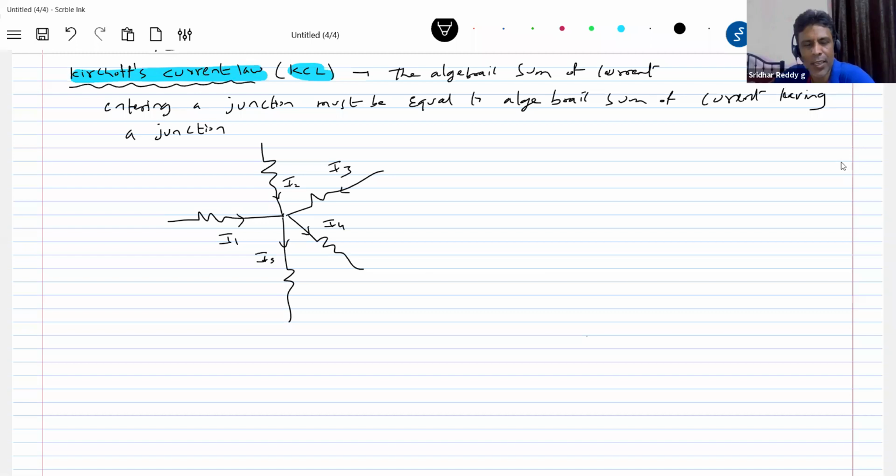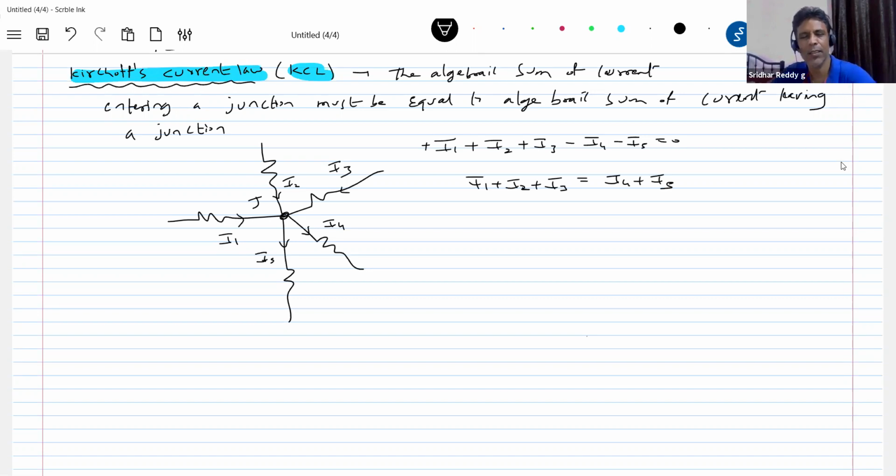Those which are entering, I'll take positive; those which are leaving, negative. That's the convention. There's a junction, G. So what is the equation now? Plus I1, plus I2, plus I3 should be equal to I4 plus I5.